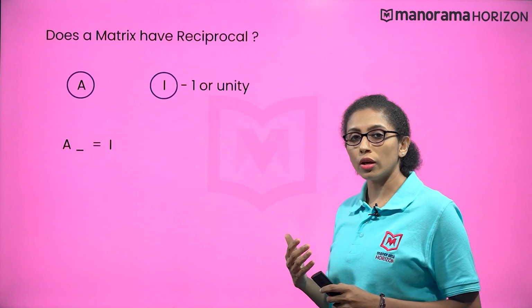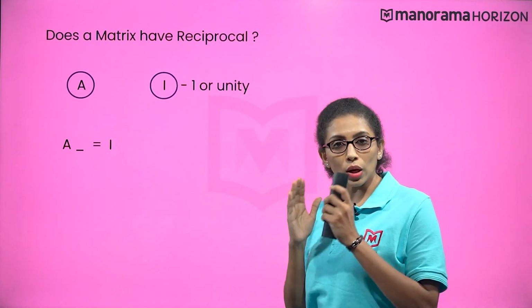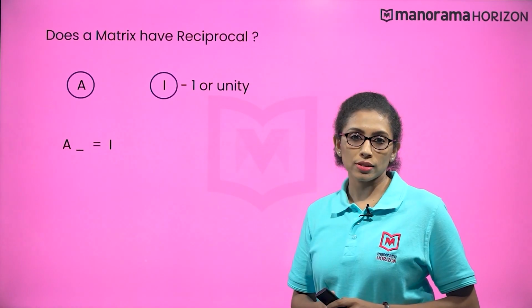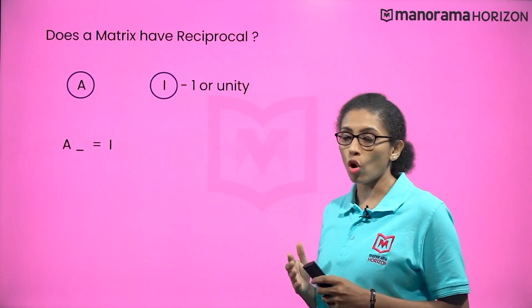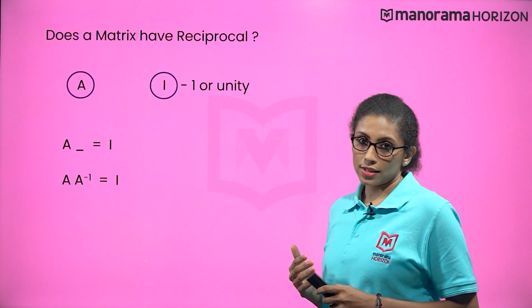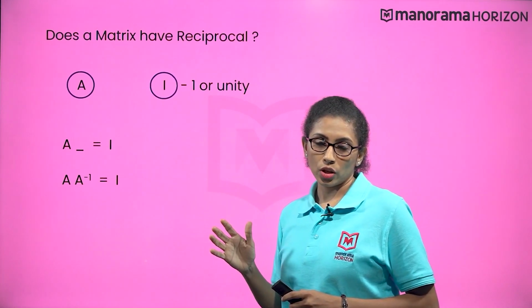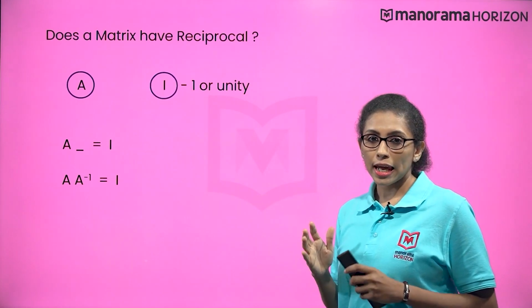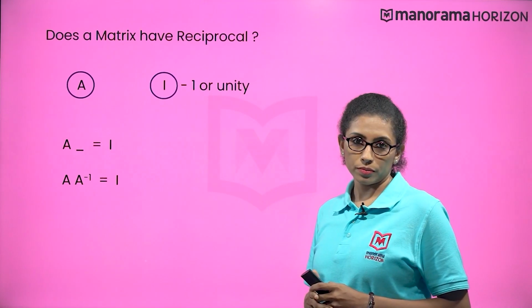What we can have here is such that the product of these two matrices will give us the identity matrix. Instead of writing 1 over A, we write something called A inverse. Yes, this is the inverse of matrix A, which is represented as A with -1 as the superscript.